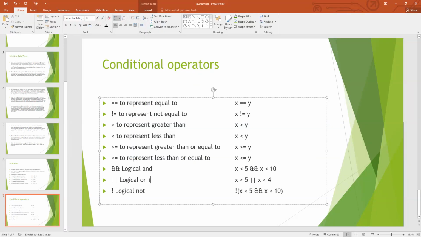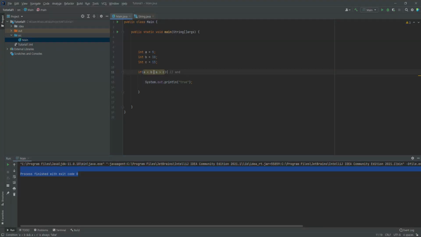Okay, so we also have another example of or, which is two stick lines. The meaning of this is that if this is true, or if this is true, so if one of them is true, the code will run. But if none of them is true, this won't run. For example, we know that a greater than b is true, right?